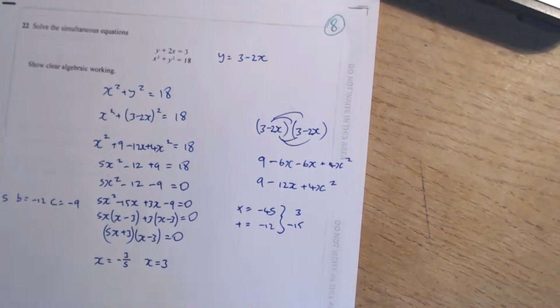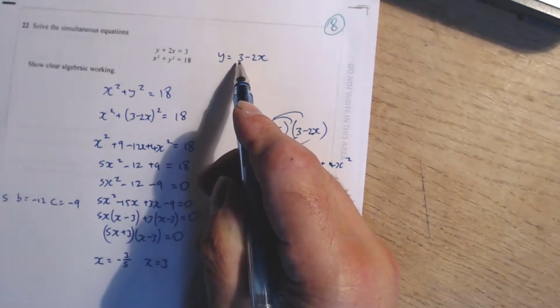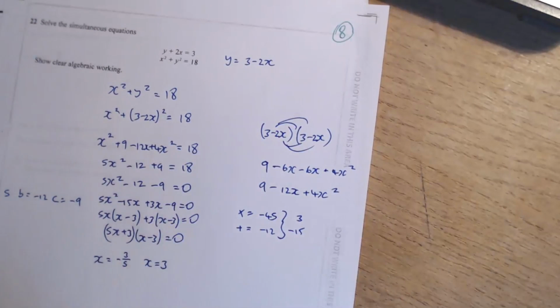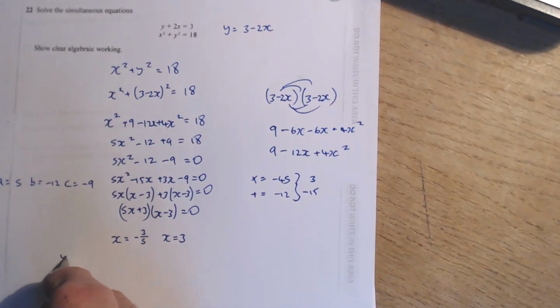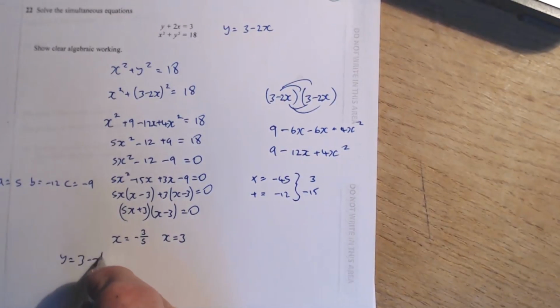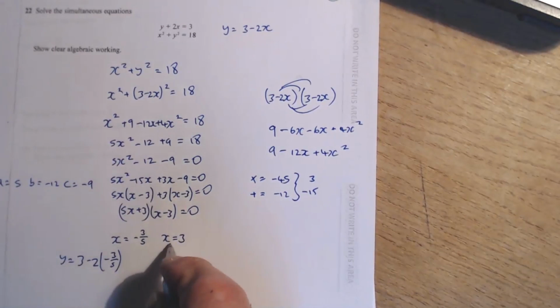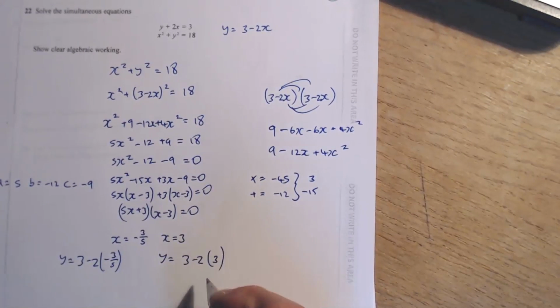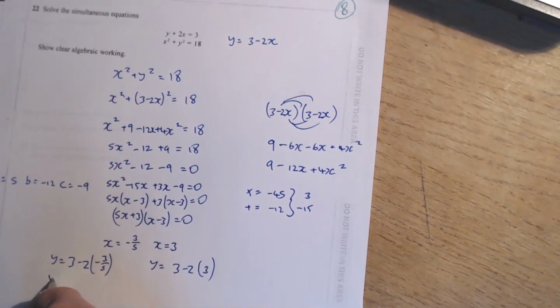So that's going to be our two x values, and then our y values comprise 3 minus 2 lots of whatever x is. So the y value here is going to be 3 minus 2 lots of minus 3/5, and for here y is going to be 3 minus 2 lots of 3. So here we've got y equals 3 minus, so that's going to be plus 6/5.